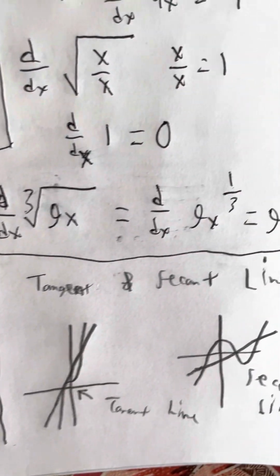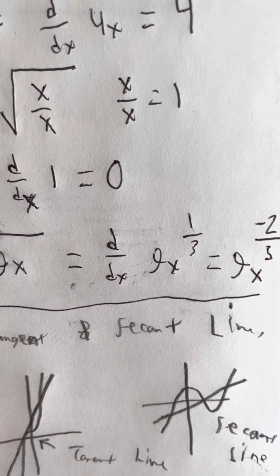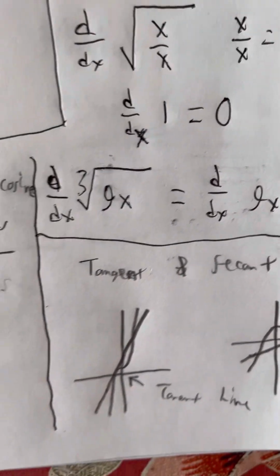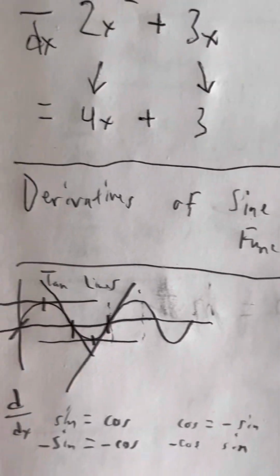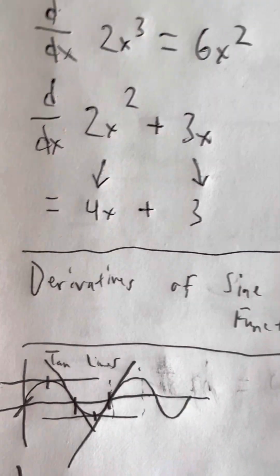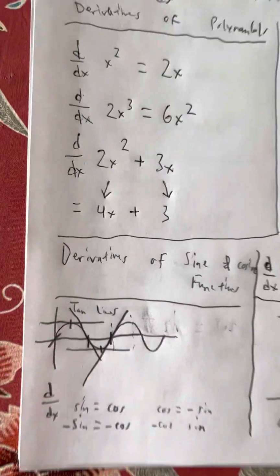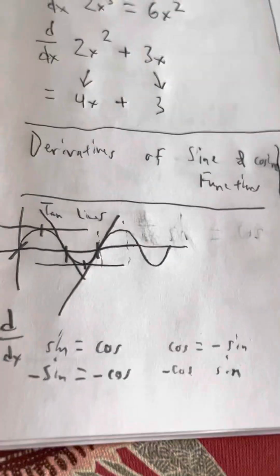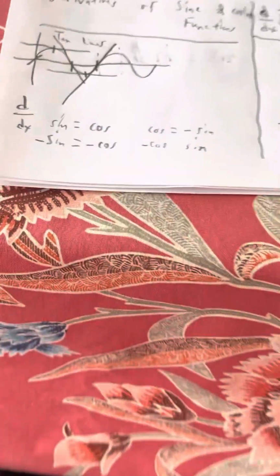The tangent and secant lines. Secant lines go through the middle of the lines, whereas tangent lines ride on there like a roller coaster onto polynomials, and that's where derivatives of sine and cosine functions come into play. When you're riding on the tangent line, you get to the one place, and that's where you get the derivative on one of the 4 sections of a sine or cosine wave.